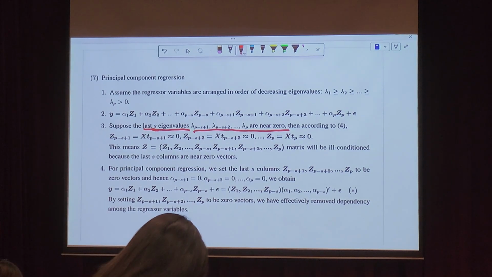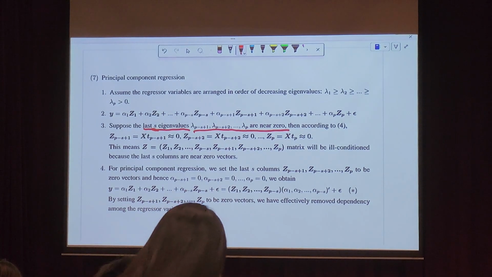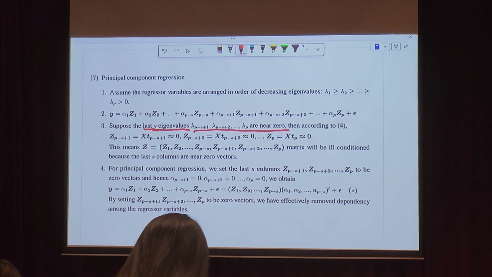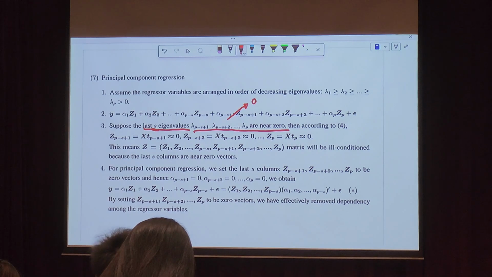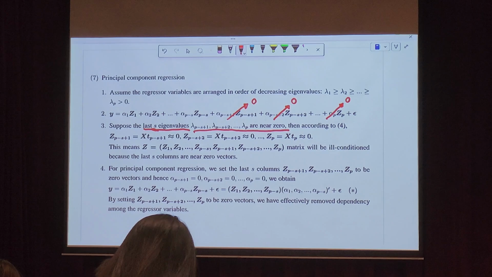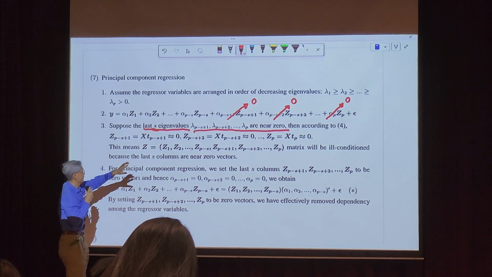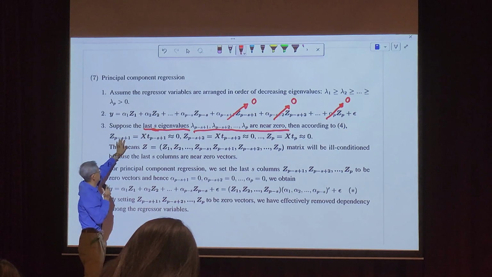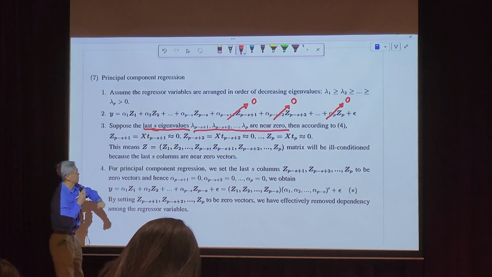Okay, last S. That means all these are 0 or near 0. I hope my calculation is correct. Last S, P minus this. Yes, so all these are 0 or near 0. Then we set all this to be 0.